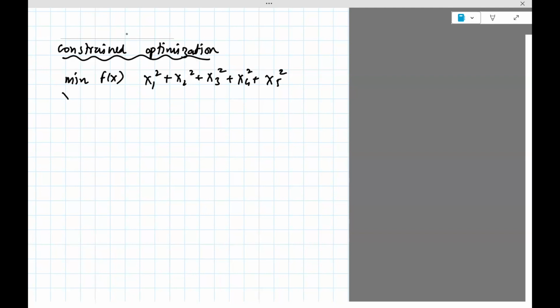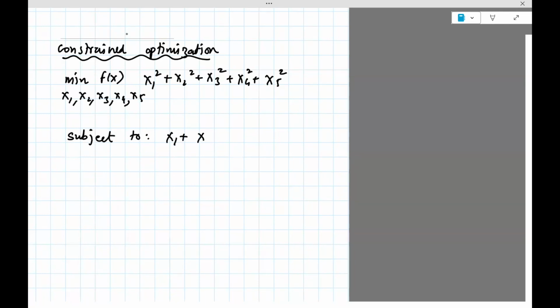So it's an optimization over 5 variables. If I give you that problem, you say that the optimum is x1 equals x2 equals x3 equals x4 equals x5 equals 0, but now there are going to be constraints, which makes that optimum not true. So we're going to put constraints.